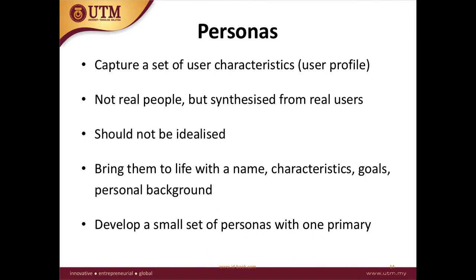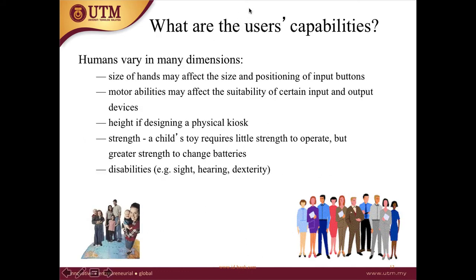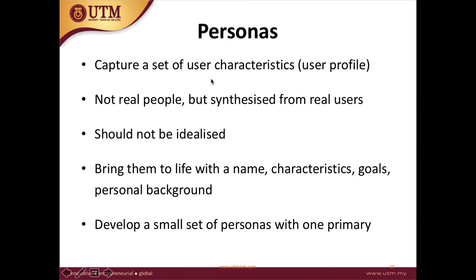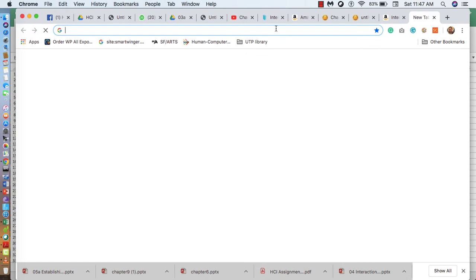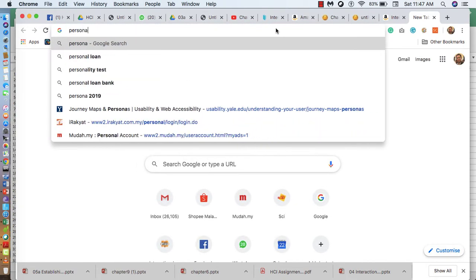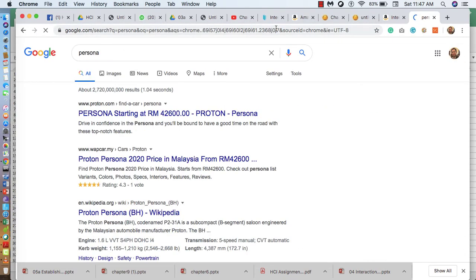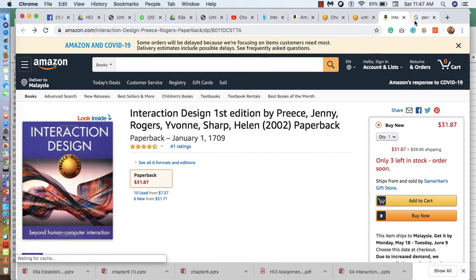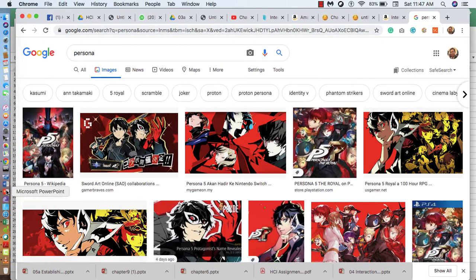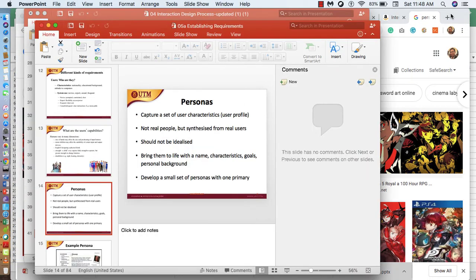All of this can be summarized. Human normally can be summarized into what we call a persona. Persona is not car, it is person, it came from the word person. If you're looking into what we mean by persona, type it in Google. In a minute, I show you something.